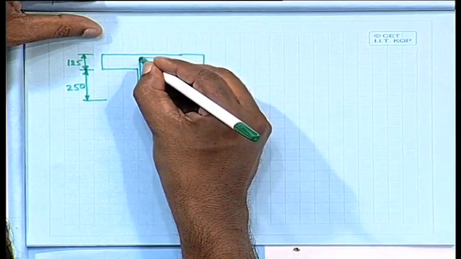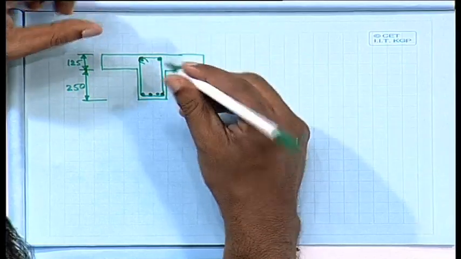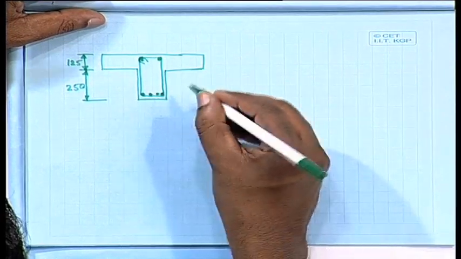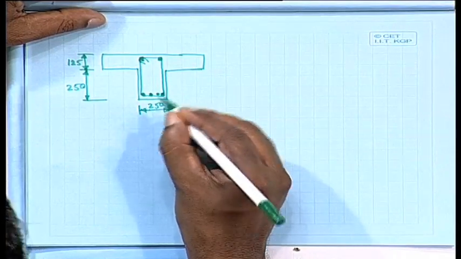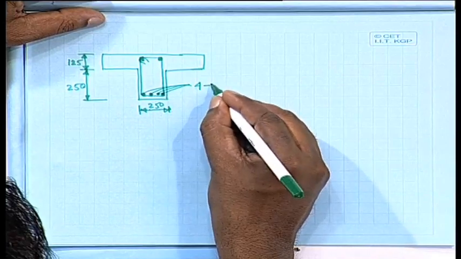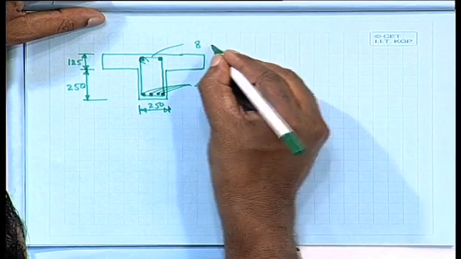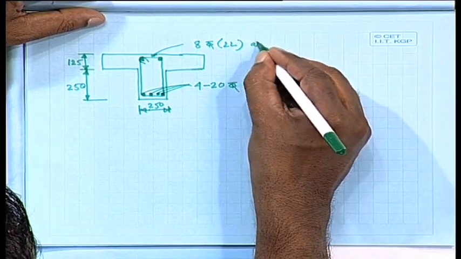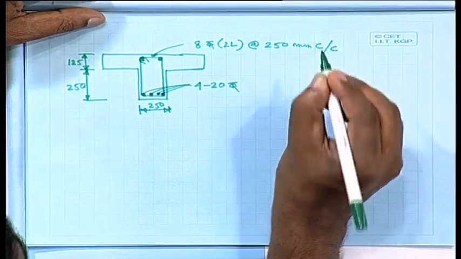The other two bars we are just providing; we need not specify them here, because for our design we shall not specify. So, we shall get 250, 420 Tor, 8 Tor, 2-legged at the rate of 250 millimeter center to center.